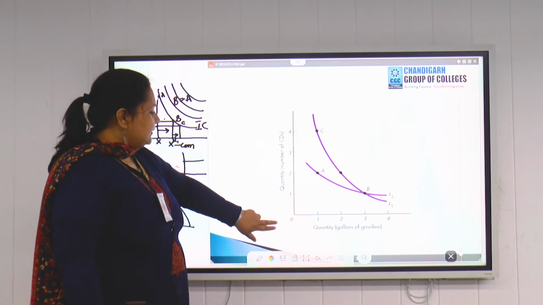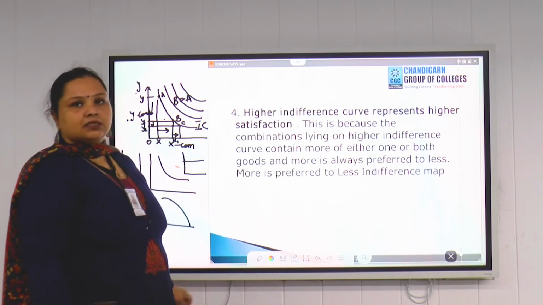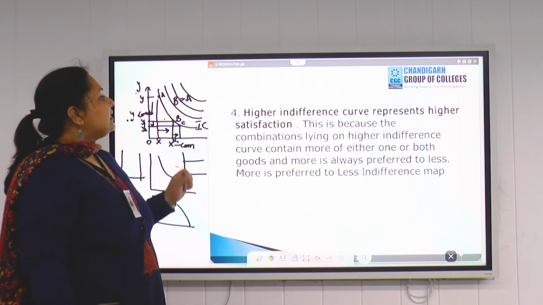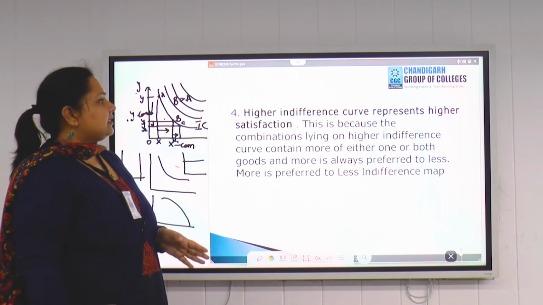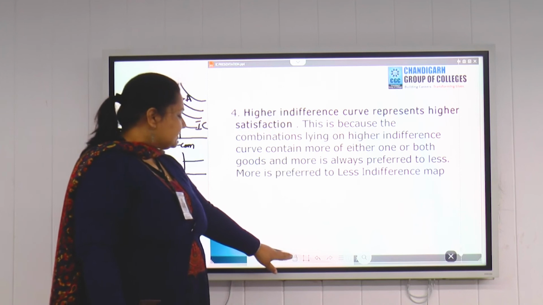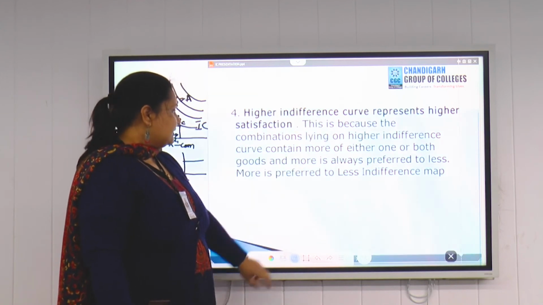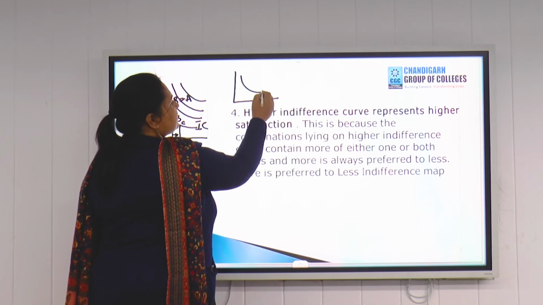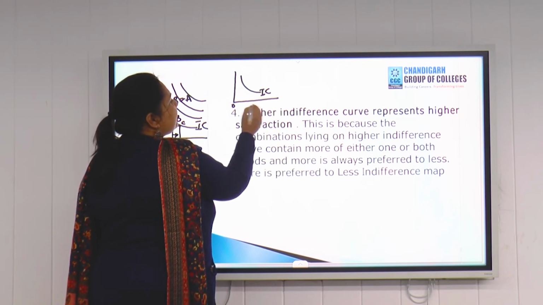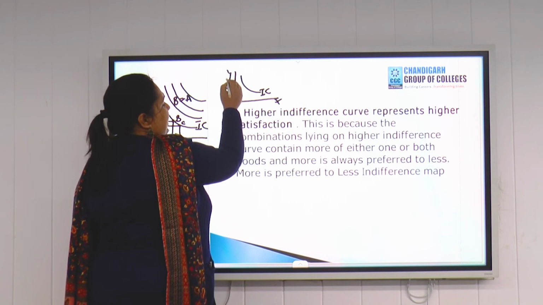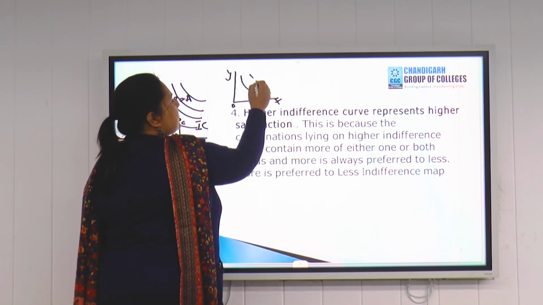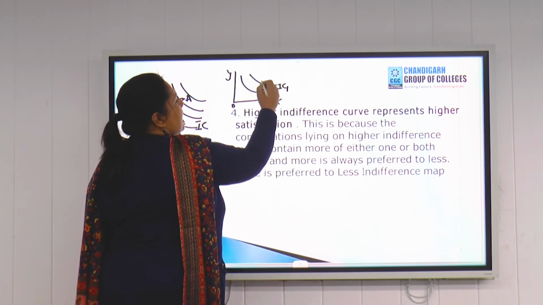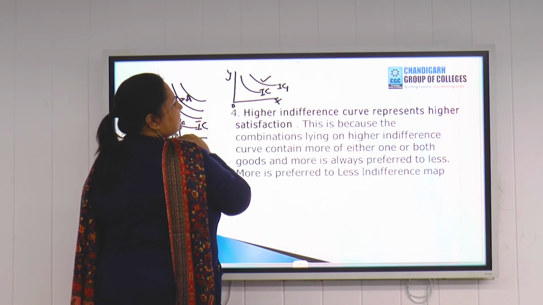Now coming to the next property of indifference curves, that is, a higher indifference curve represents a higher level of satisfaction. This is the first indifference curve. We have already discussed in the indifference map that this is IC and this is IC1. IC1 is the higher curve, IC is the lower curve.